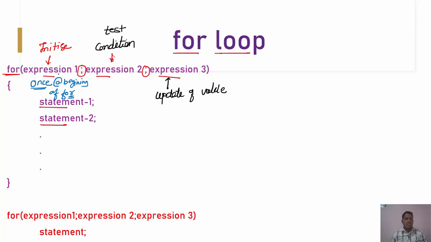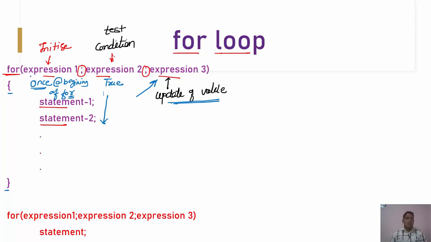First the values get initialized, then the value is checked. If the condition is true, then the set of statements present within these curly brackets gets executed. Once this execution is completed, the execution goes to expression 3 to update the value of the variable.